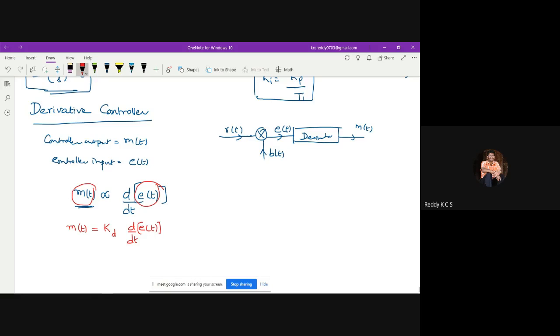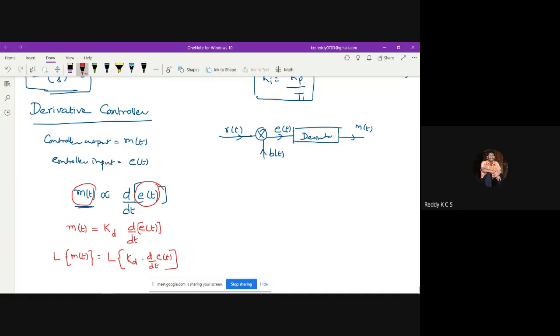When I apply the Laplace transformation to this, L of m of t will become L of Kd into d by dt of e of t.